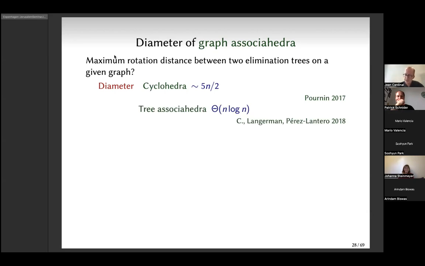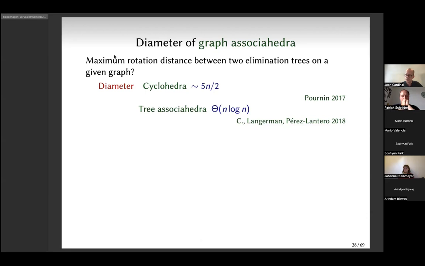Now, together with Stefan Ungermann and Pablo Perez-Lantero, a few years ago, we proved a tight worst-case bound on the diameter of associahedra of trees. This was useful for us in the data structure for search trees on trees, and it was also an open question by Vincent Pilaud and Thibault Manneville of what was the diameter of those. Was it linear or was it n log n? Essentially it was somewhere in between those two, and we showed that actually it was superlinear in the worst case.